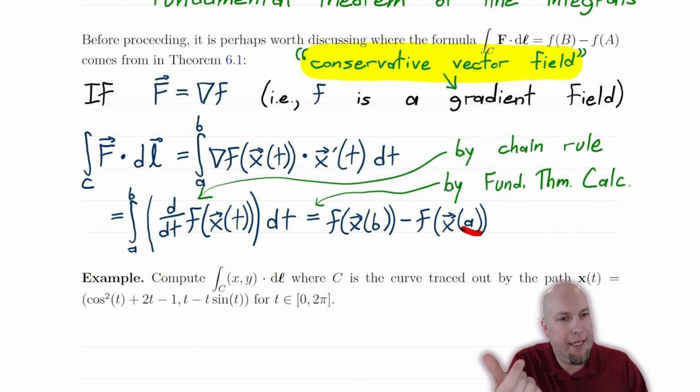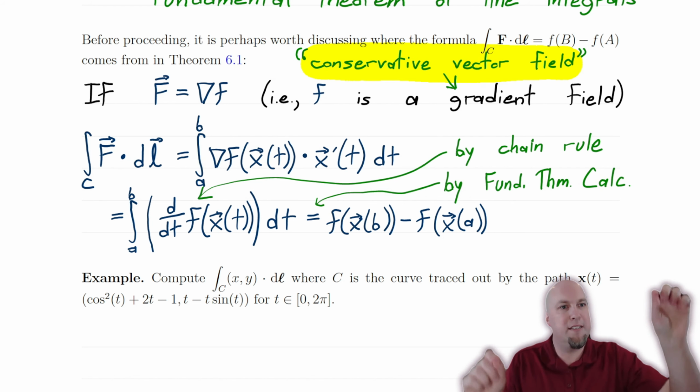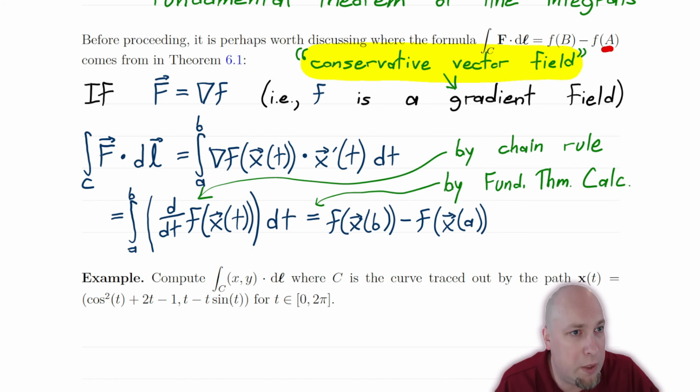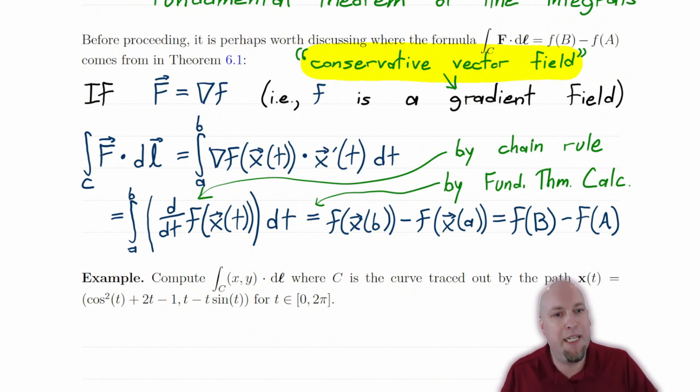And when I plug little a into this path x, I get the other endpoint of the curve. t is going from a to b, so those are the start and endpoints of the curve respectively. Those are what I'm calling big A and big B here. So I'm just going to make that substitution so that we get exactly the statement of the theorem that we had up here.